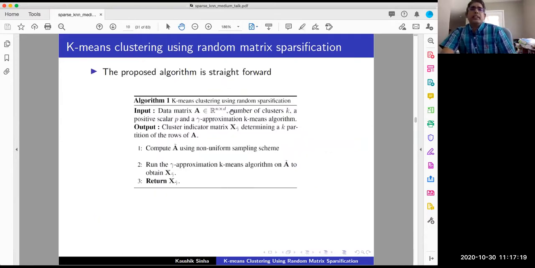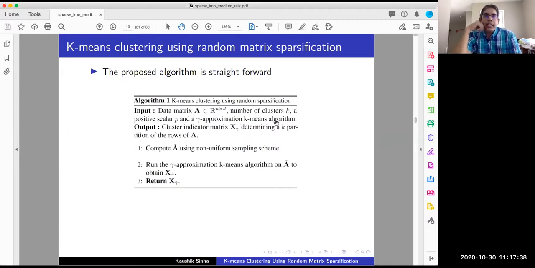The proposed algorithm is very straightforward. We have a data matrix of size n times d, the number of clusters we are looking for as an input, and a positive scalar p that I will describe in detail. It quantifies how many entries we want to make zero. We also assume we have a gamma-approximation of the k-means algorithm.